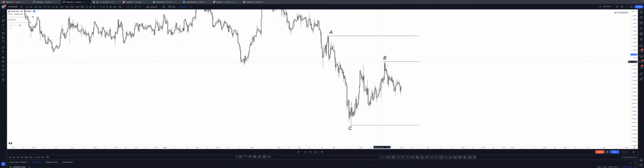If there is no B very close to this A, we can anticipate price taking out the A, then dropping. But in this case, price created a B, a very obvious high here, which validated this A. So we can say we expect price to take out the B, then sell off.